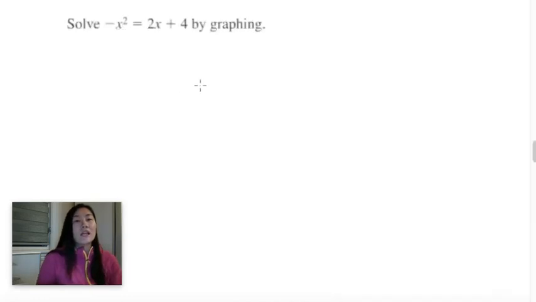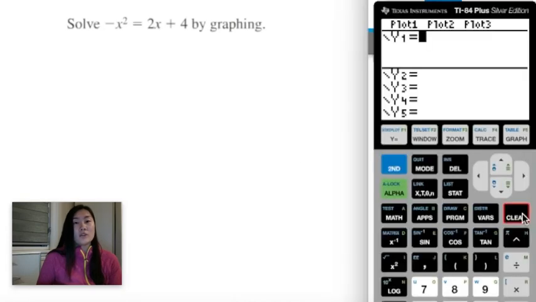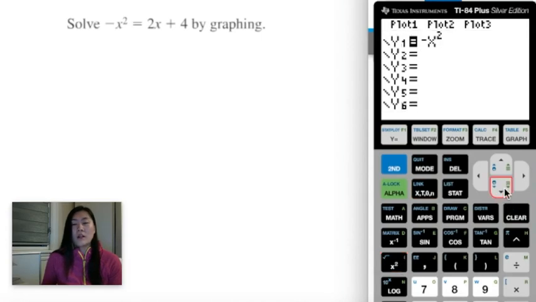Solve negative x squared is equal to 2x plus 4 by graphing. So normally we will move the negative x squared by adding x squared on both sides, but I want to try something different. I'm going to graph those two expressions by setting them equal to y. So two separately, just like kind of like systems. So I'm going to put y1 as negative x squared, and then y2 equals 2x plus 4.